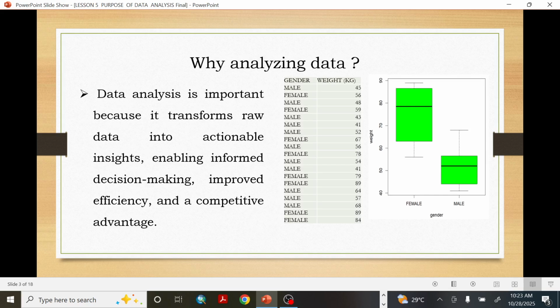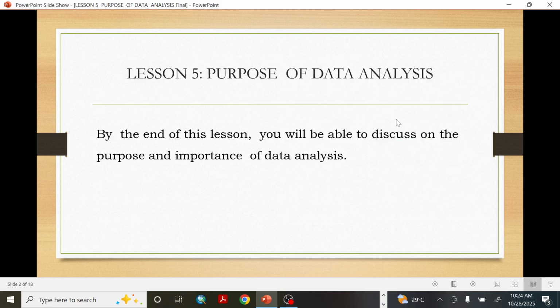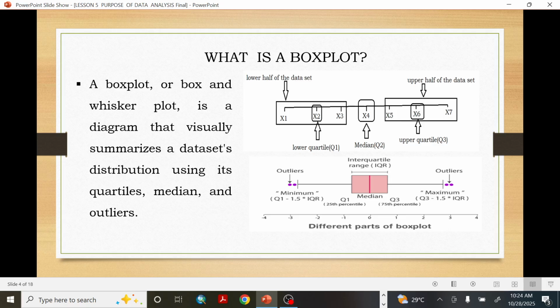Getting back to our data here, in the box in the middle you have the median, and the median divides your data into two, and the median is known as Q2 here.